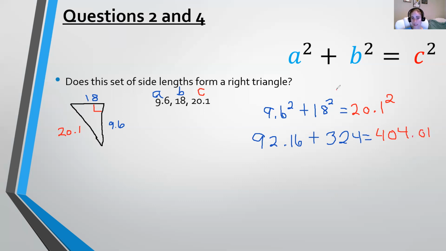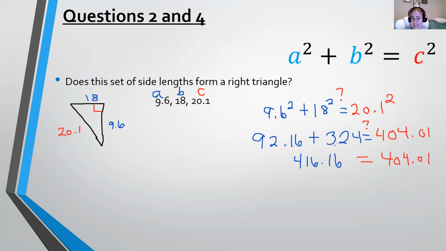All right, we're trying to see if these are really equal. Let's go ahead, keep simplifying. We're going to add our two legs together. So 92 1600ths plus 324 is 416 1600ths. Is that equal to our C squared, which was 404 1/10?